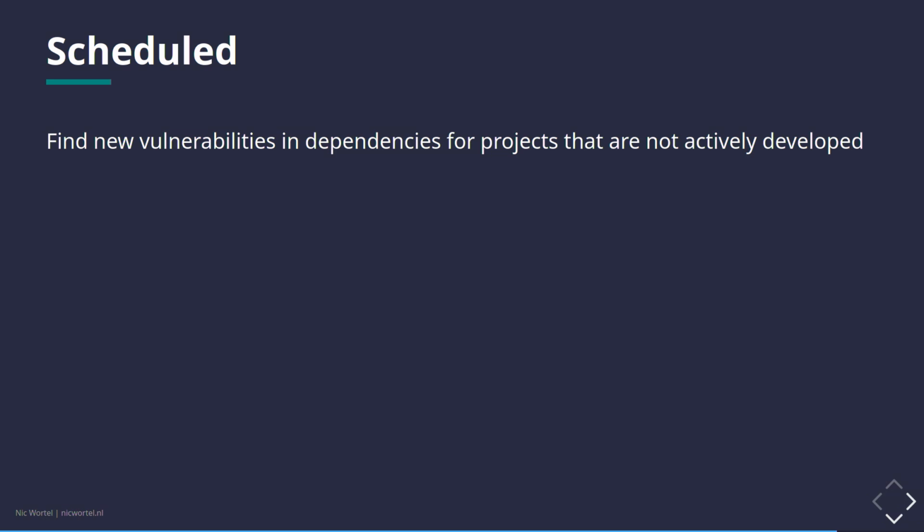It will be annoying because the commit is about something else, and now I suddenly need to deal with this, and in the meantime we have been vulnerable without knowing it. So it can make sense to have some kind of schedule. Depending on your threat model, it can be every day or every week. Especially for projects that we don't actively develop, a schedule makes sure that we get this information as soon as possible.